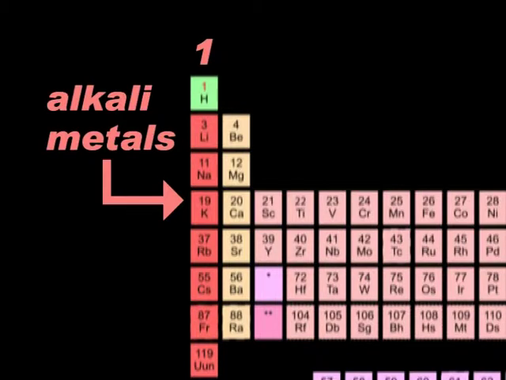In element form, they were the most dangerous of metals, exploding violently with water, forming strong, caustic metal hydroxides plus hydrogen gas. Their compounds tend to be soluble in water, so we find them in nature in seawater, evaporated inland seas, and the watery parts of living cells.